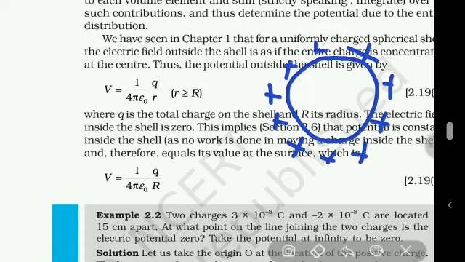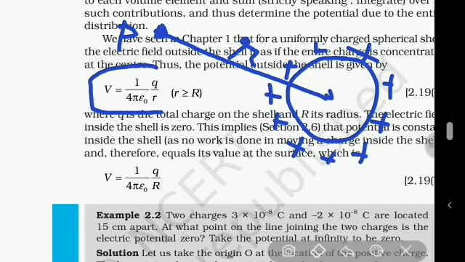So in such a case, if we select any point here at distance r from the center of this spherical shell, then the potential at this point is given by this equation. It is simply like that of a point charge, because when these charges are on the sphere, we can imagine the total charge to be concentrated at the center.